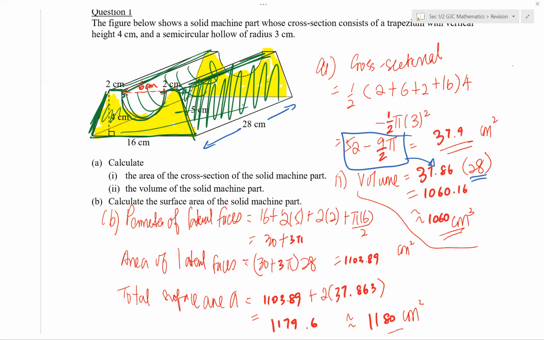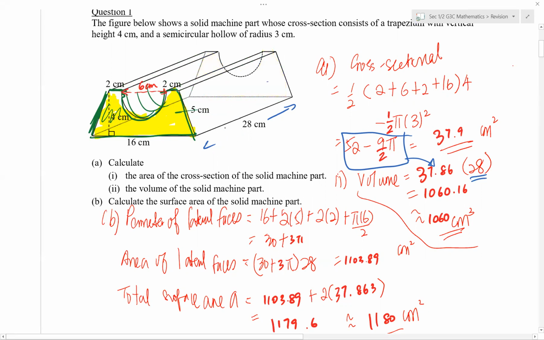In summary, all the other areas, except the yellow ones, is found simply by taking perimeter of cross-section, okay, perimeter of that yellow shaded region, multiplied by 28. So every time you're doing this type of question, you visualize this is what is happening. Very little memorizing involved, and you will understand why it is like that.